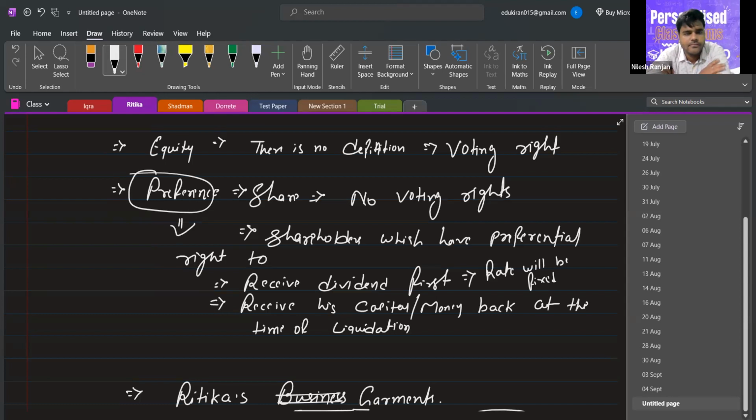So is it to select the directors or people? To appoint directors, to take important decisions, okay, we need voting in a company. To change something that is very important in the company, then you need voting from the shareholders. They will vote that this can happen or not. So that's why we need voting rights.